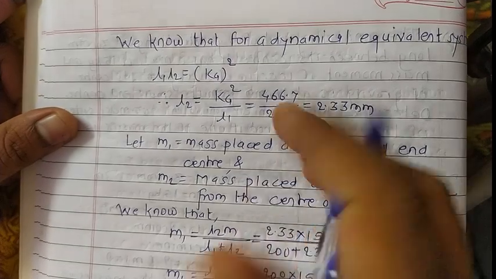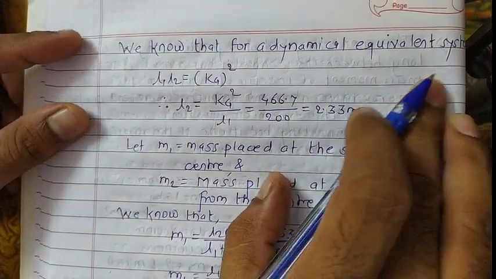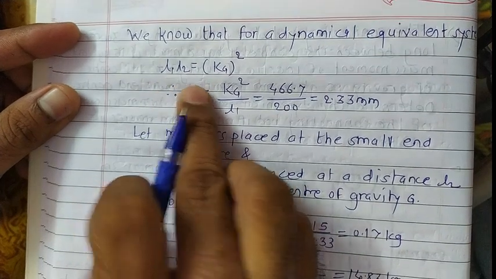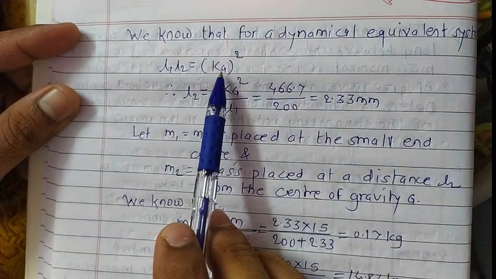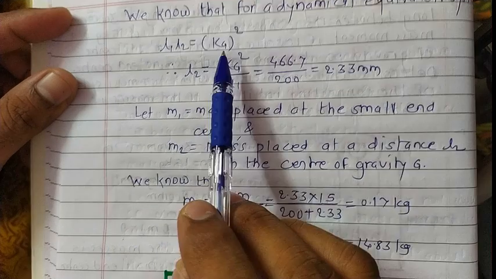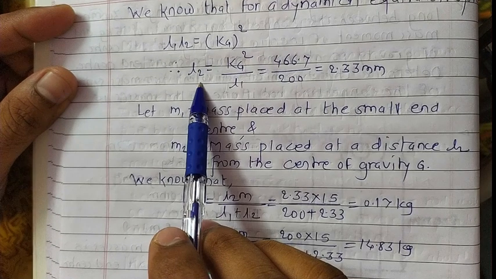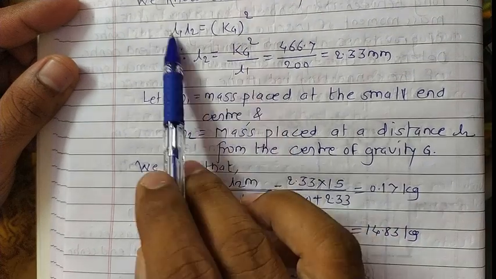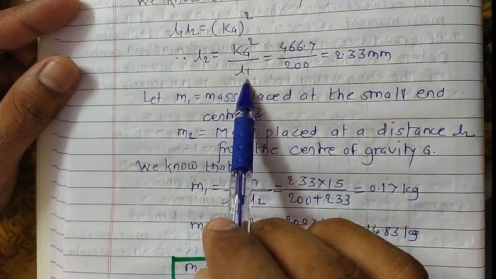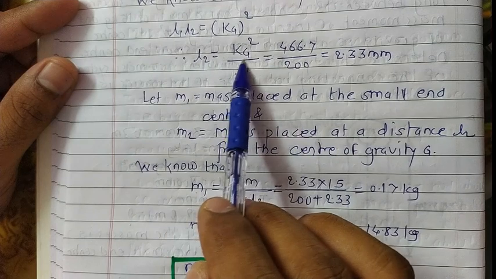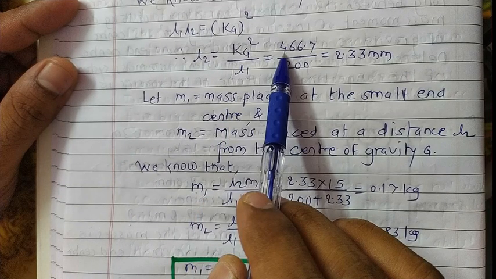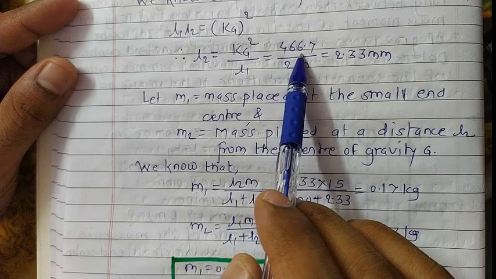We know that for the dynamically equivalent system we have the relation L1 L2 equals kG square. From this relation, L2 equals kG square divided by L1, so L1 goes in the denominator. The calculation for kG square is already with us, just substitute here: 466.7 divided by L1.